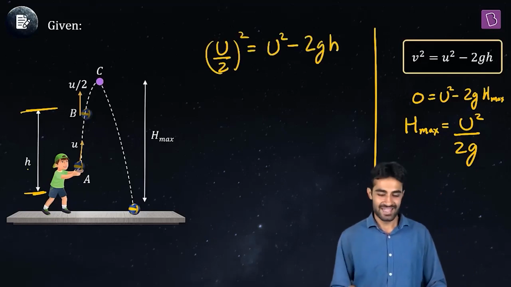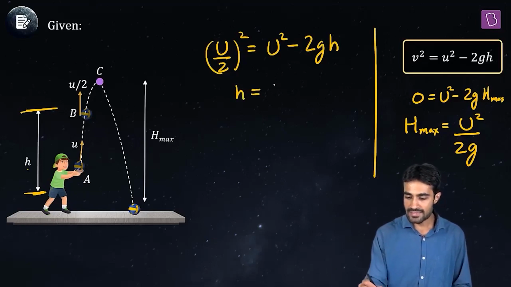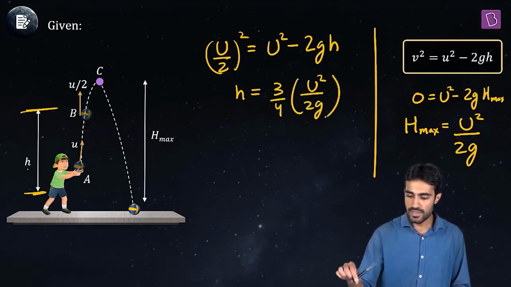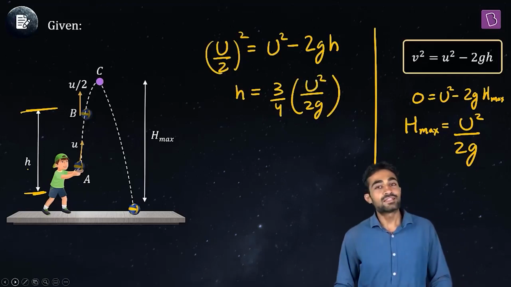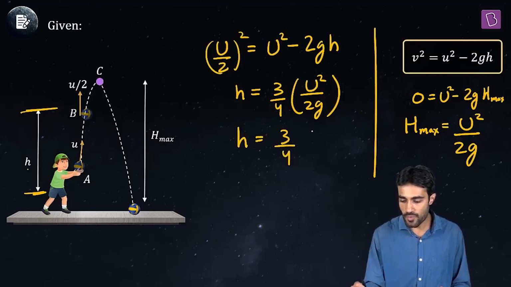Good? Yes. Now from this we get the value of small h as 3 by 4 times u square by 2g. Can you see that? So we can see that small h is 3 by 4 times h max.